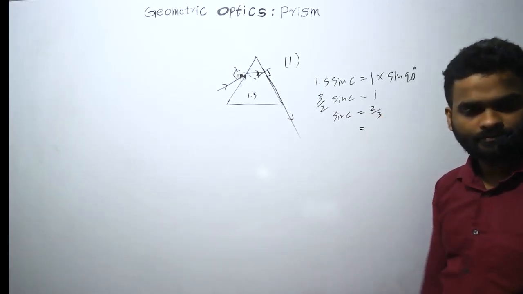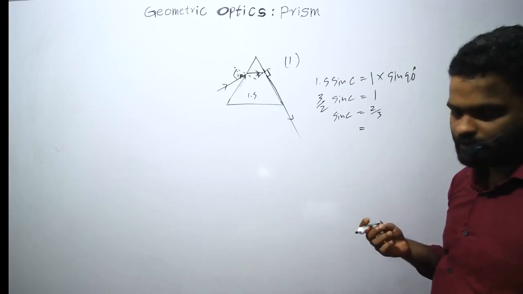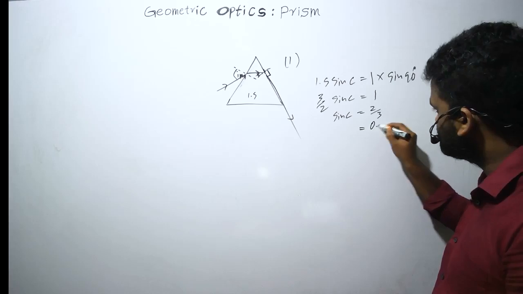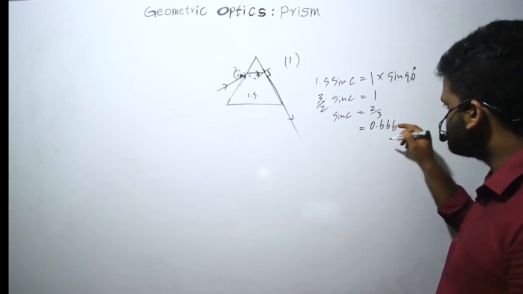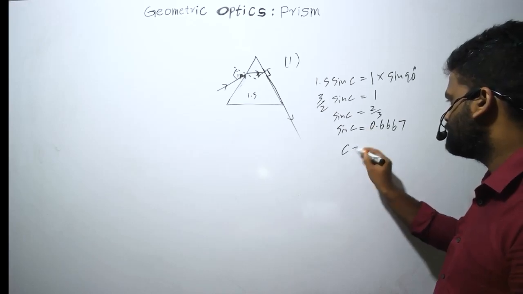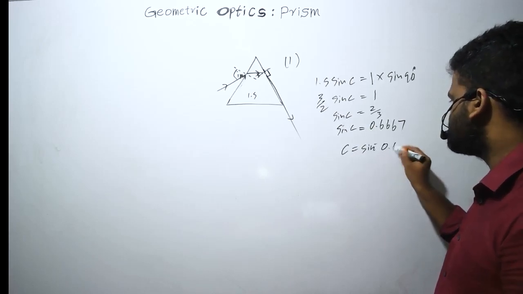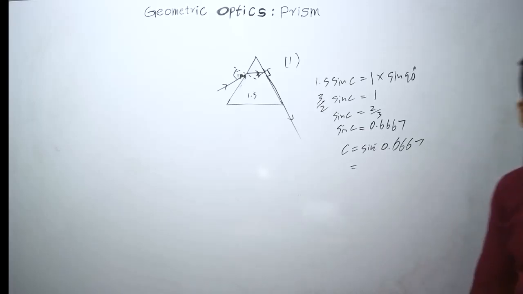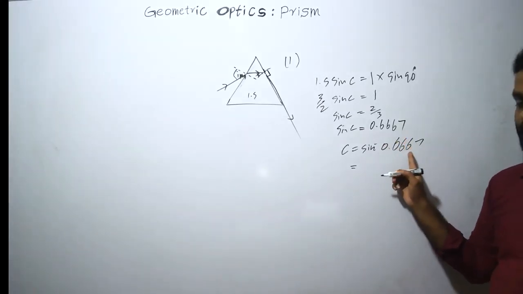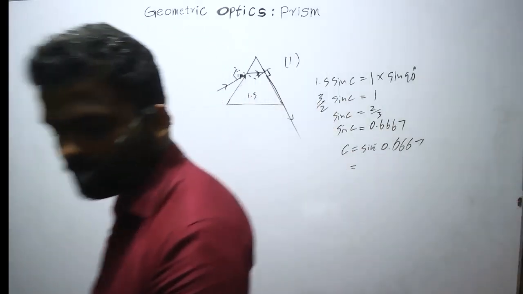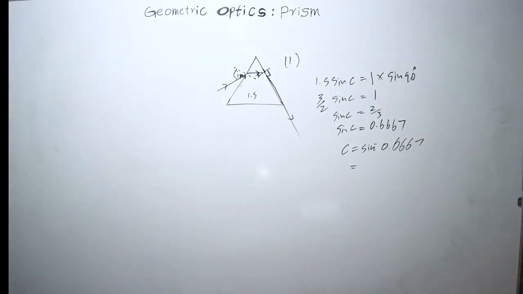Okay. To refer to the sine table, you have to convert this into decimal. 0.66 something, right? If you round it off, 0.6667. So you can find C as sine inverse of 0.6667. You need to refer to the table for the inverse value. You have to do this on your own, right?